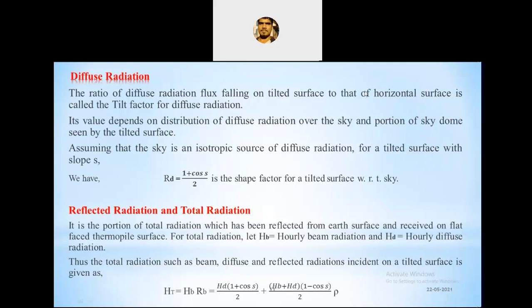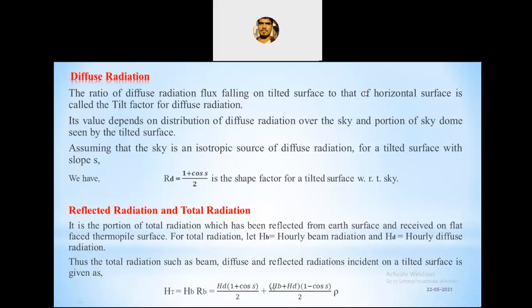So the scattering of solar radiation is mostly forward scattering, and for such cases R may be assumed equal to RB, where R is the correction factor for both direct and diffuse radiation, which can be given by R is equal to HT by H, where HT is equal to R into HB plus HD.